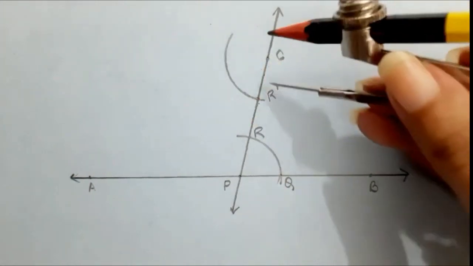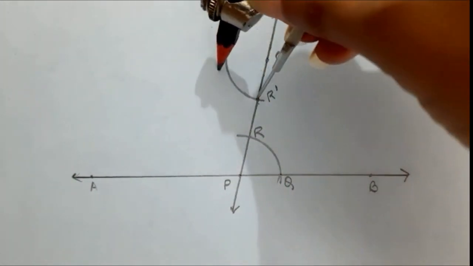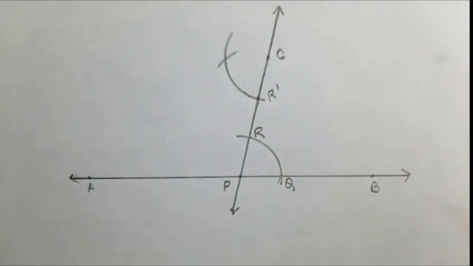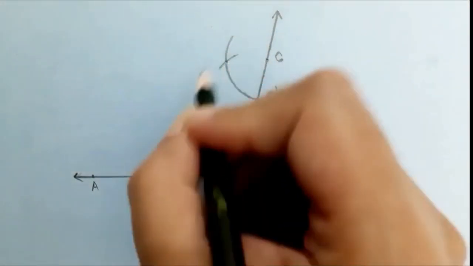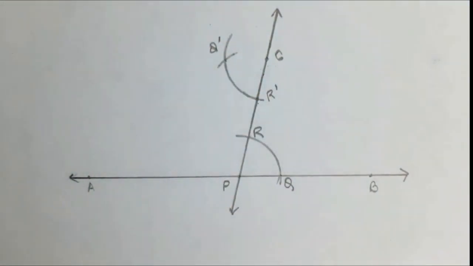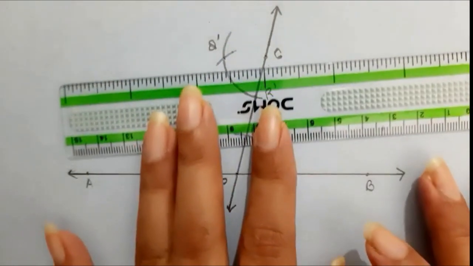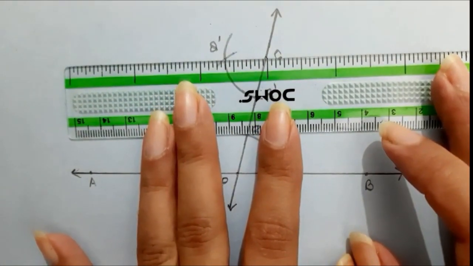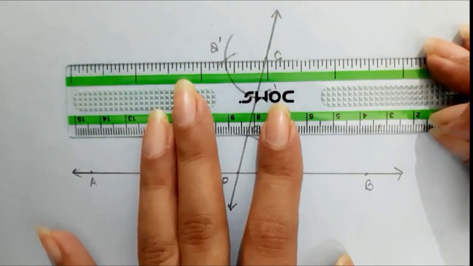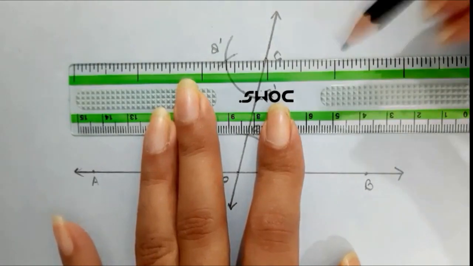It does not change, otherwise the copy of the angle will not be constructed properly and the lines will not be parallel. So this is Q dash. This is the copy of point Q. And now we'll join Q dash and C to make a line which is parallel to the given line AB. Okay, it will be parallel to the given line AB.